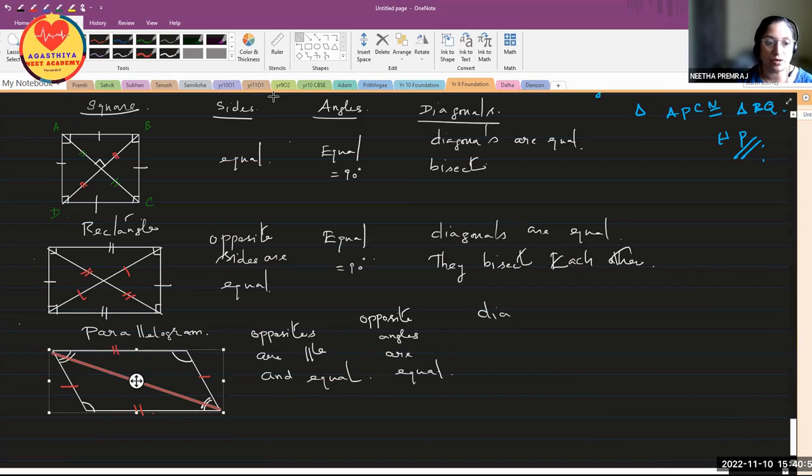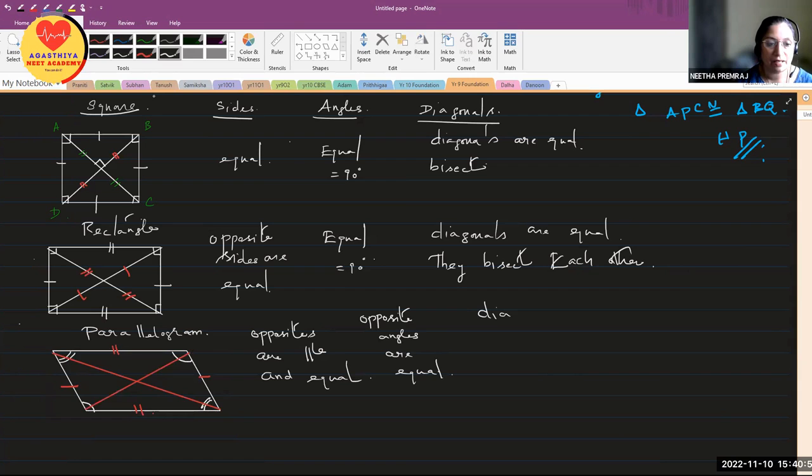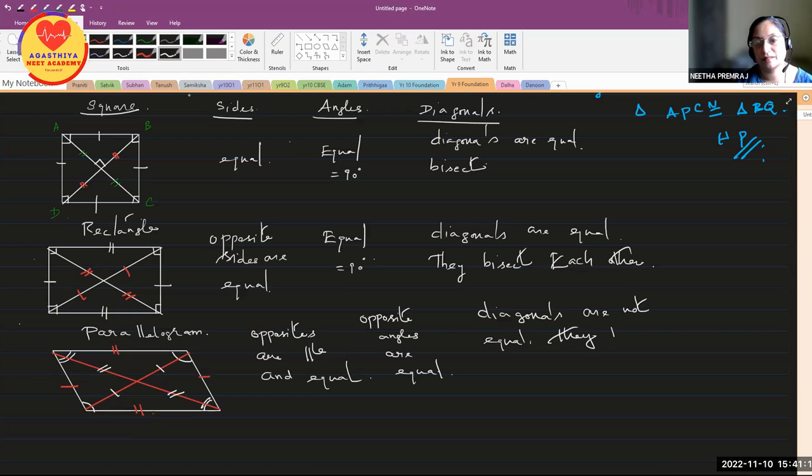So this measure is equal to this measure, and this measure is equal to this measure. They bisect each other. Make a note of it.